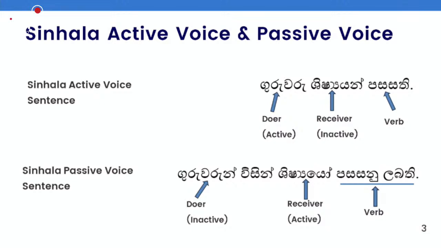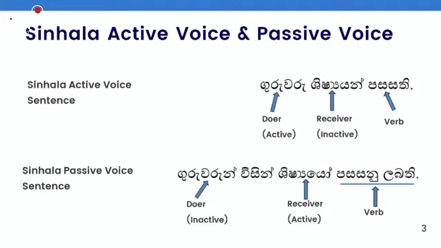Sinhala active voice sentences follow the SOV structure. That means the order of the sentence is subject, object, and verb. Consider the example included here. First, the subject, called the doer of the action, is kept in active form, and the receiver of the action is kept in inactive form.